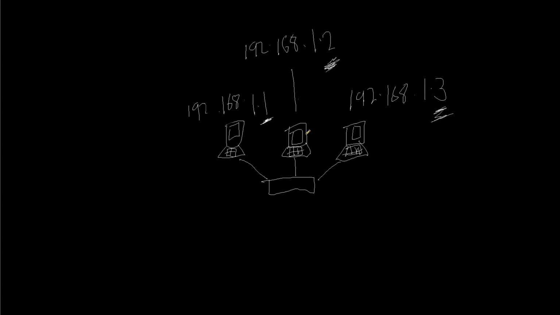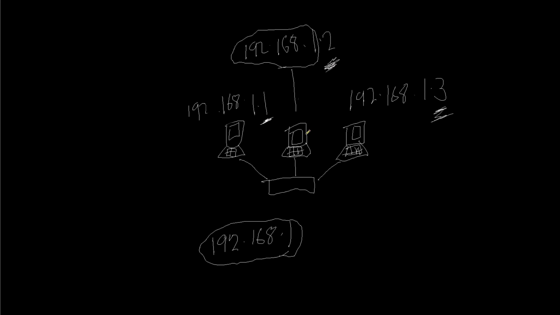The first part of the address, 192.168.1, these first three numbers are the actual network that it's on. So this whole network here is a part of this number address. That is basically the road that it's on.